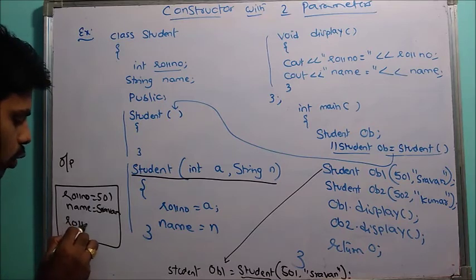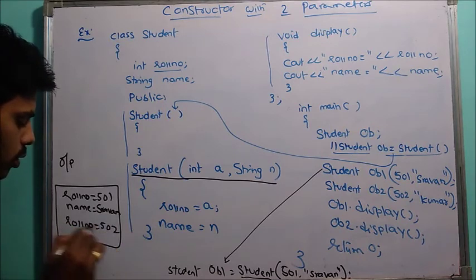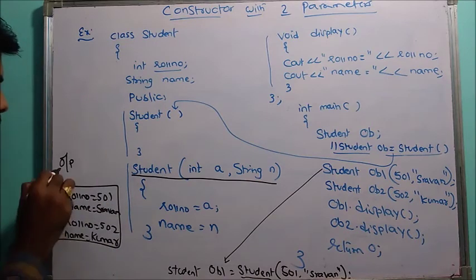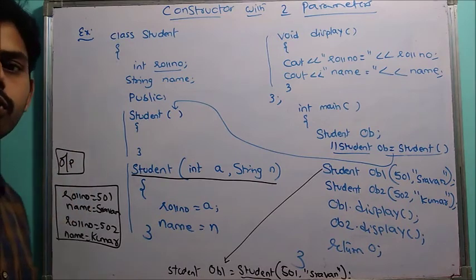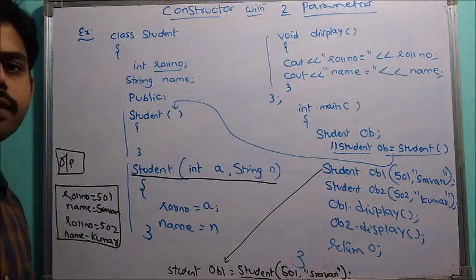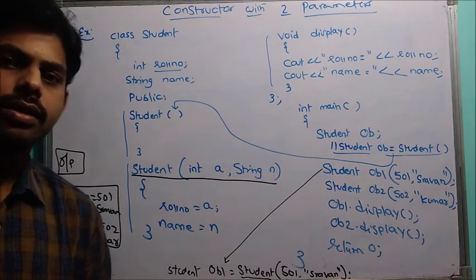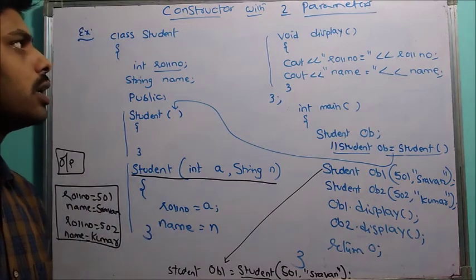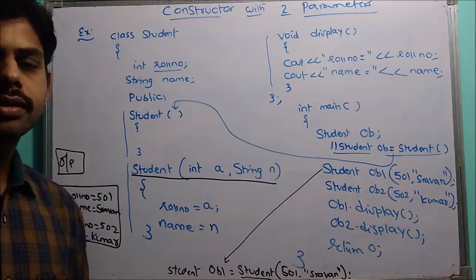Roll number equal to 502, name equal to Kumar. That is the output of this program. So it is a simple concept. Constructor is a simple concept, but a very, very important concept. So this is about a constructor with two parameters.